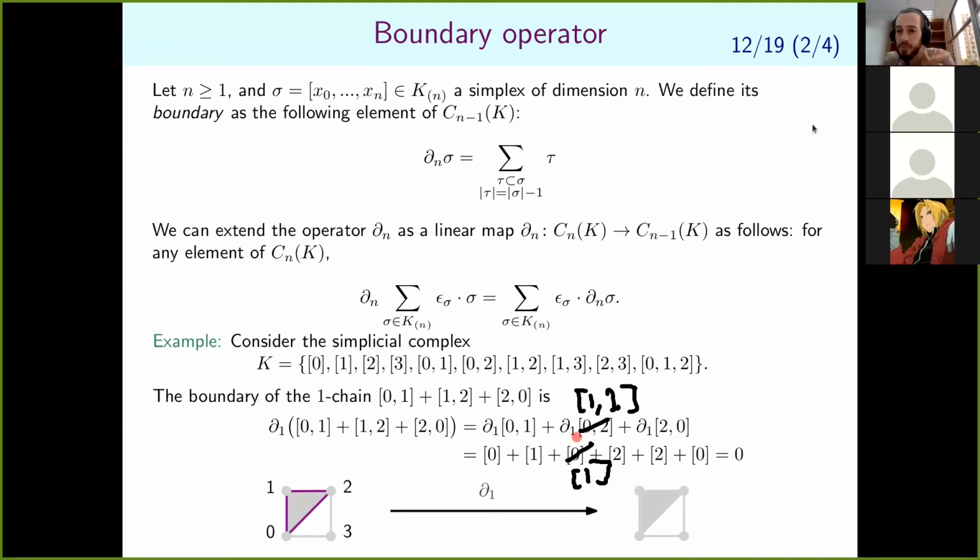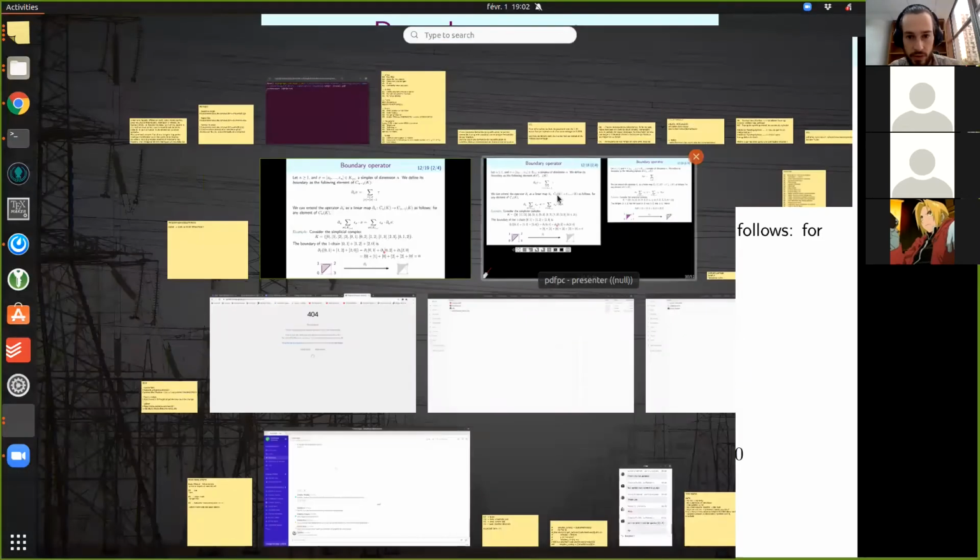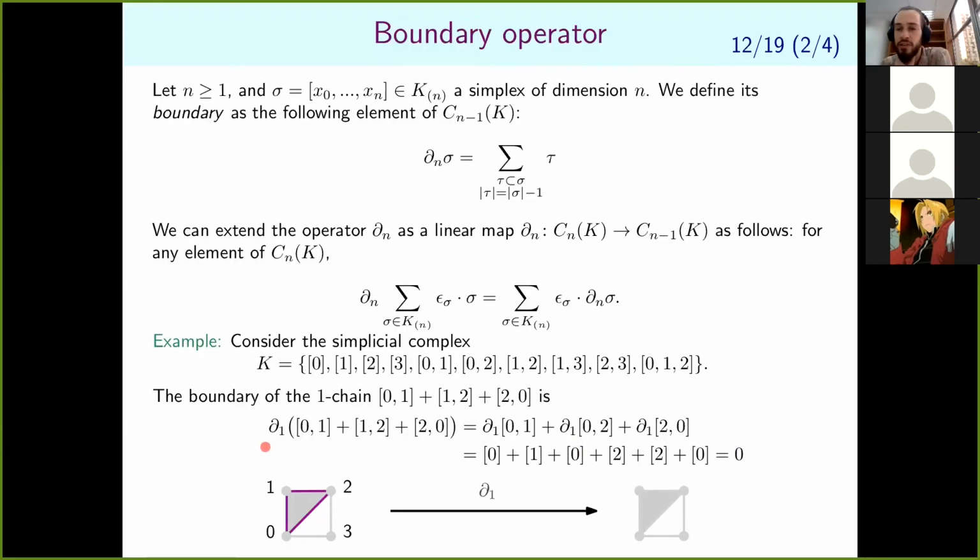And as you can see, each vertex in this sum appears twice. So you can cancel every vertex, and you end up with the chain 0. So the boundary of this chain is 0.